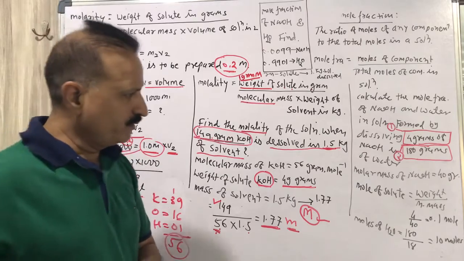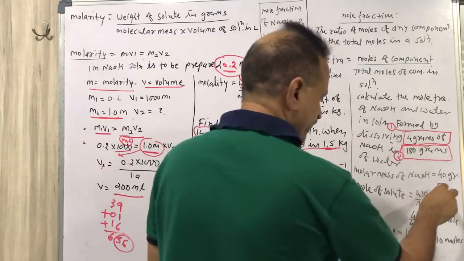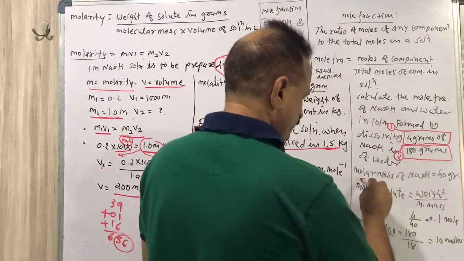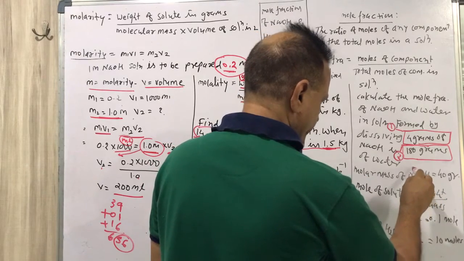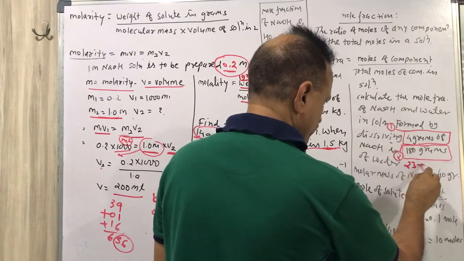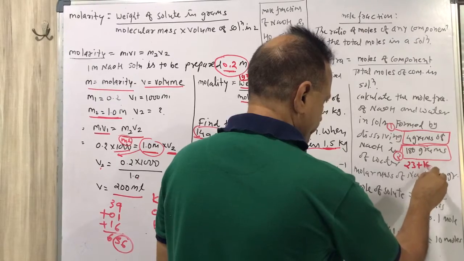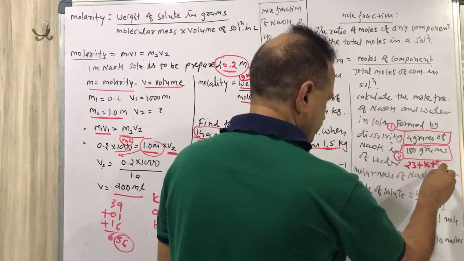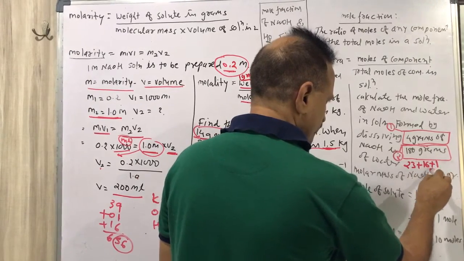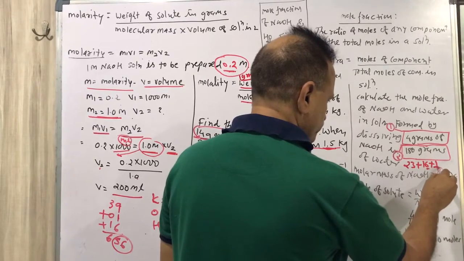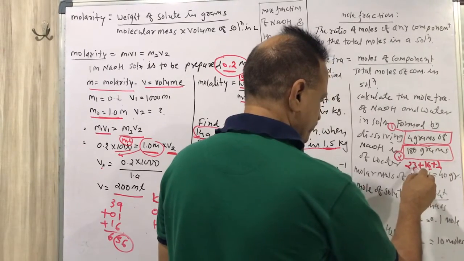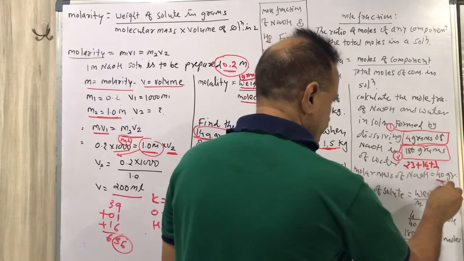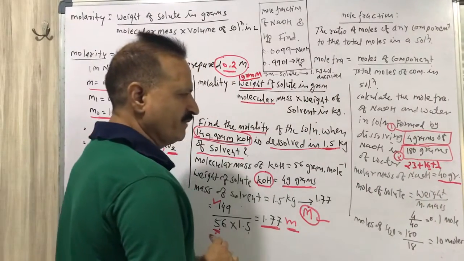So molar mass of NaOH. NaOH is 23 plus O is 16 and H is 1. 1 and 6, 7, 7, 23, 30 plus 10, 40. It is 40 grams. Molar mass of NaOH.